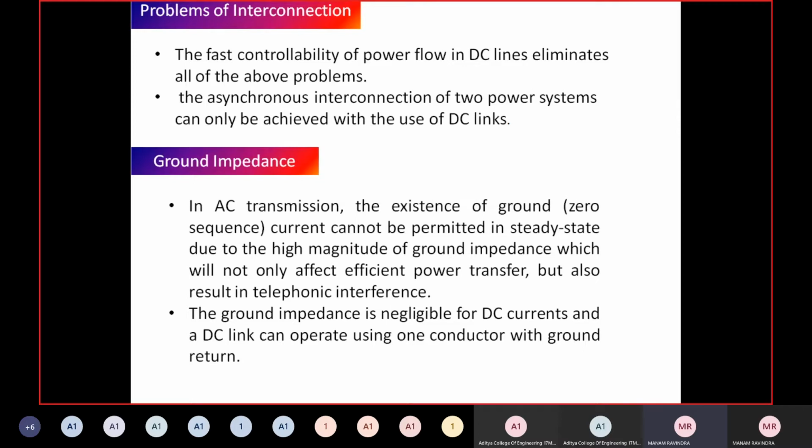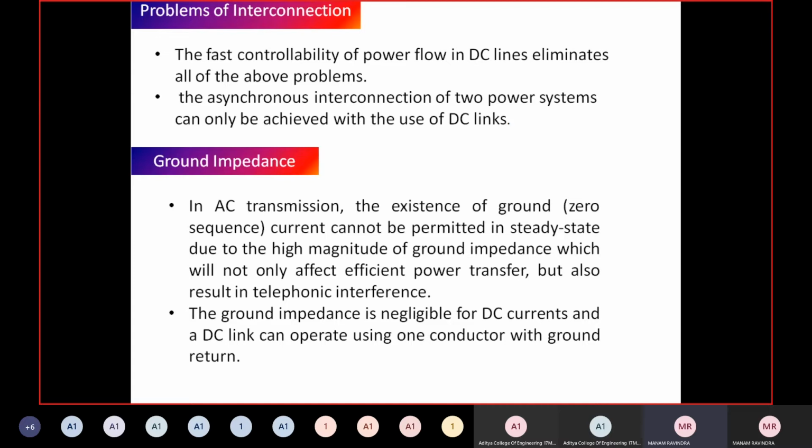In case of AC, that is not the case. Here the ground has high impedance. In case of AC, the return path is through the neutral, but not through the ground. Since the ground is high impedance, the current cannot flow through the ground.